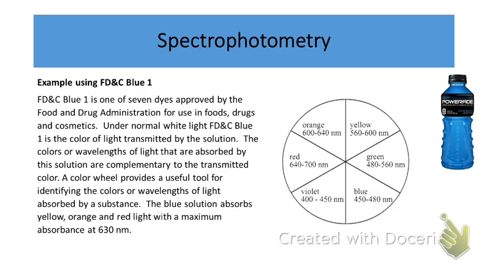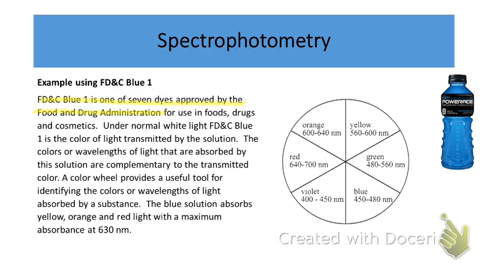So let's look at a specific compound called blue 1, or FD&C blue 1. FD&C blue 1 is really a dye. It's one of 7 dyes approved by the FDA, the Food and Drug Administration, for food, drugs, and cosmetics.